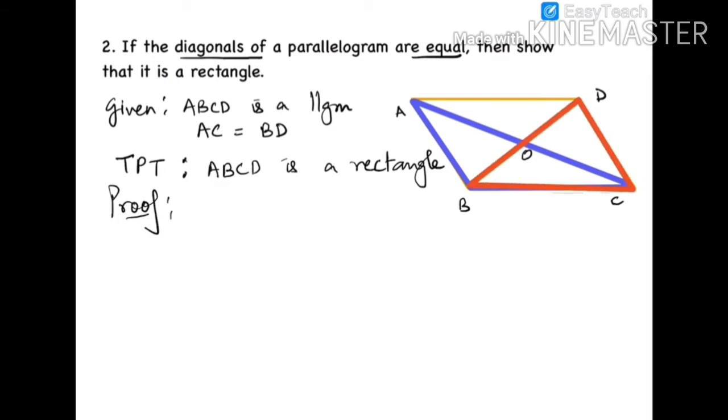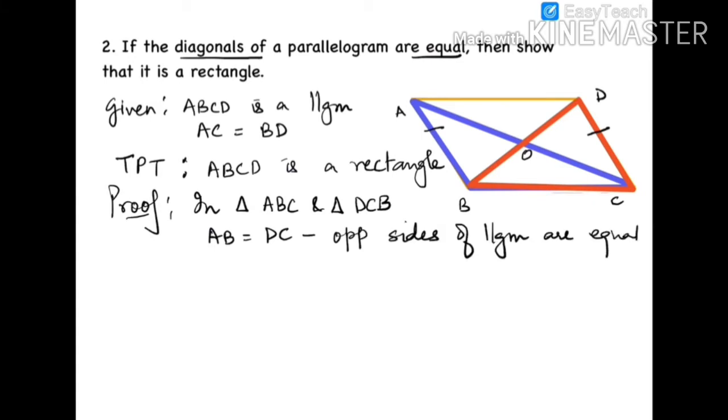In these two triangles, we can say that AB is equal to DC because opposite sides of a parallelogram are equal. So in triangle ABC and triangle DCB, AB equal to DC, as opposite sides of a parallelogram are equal.